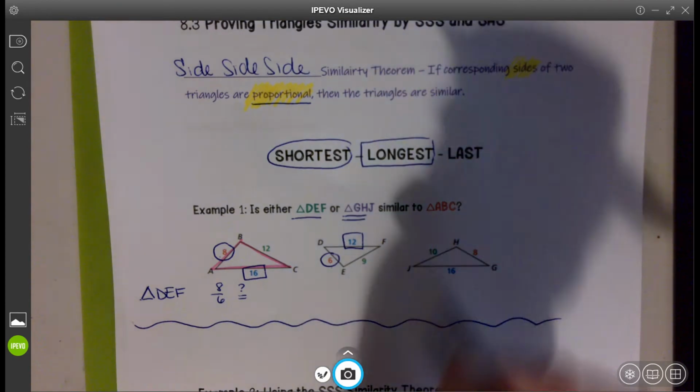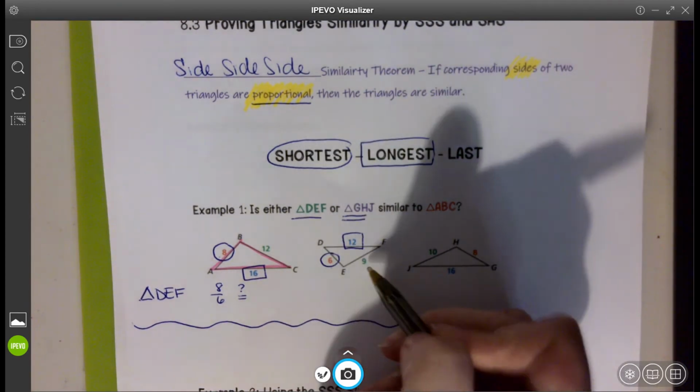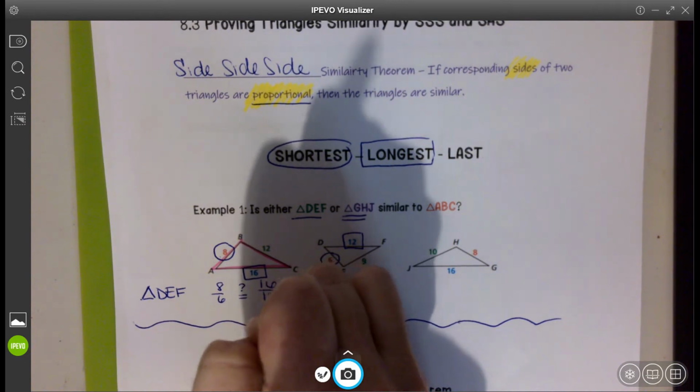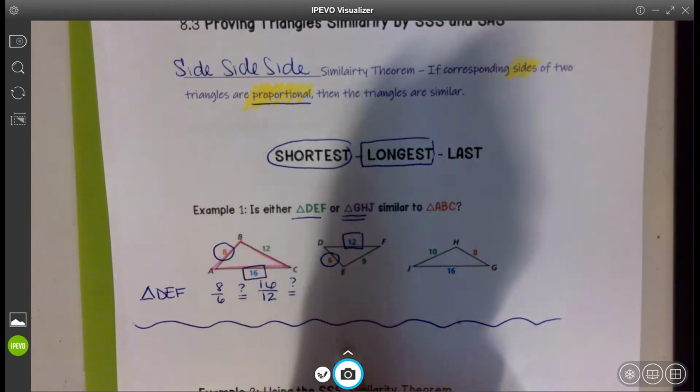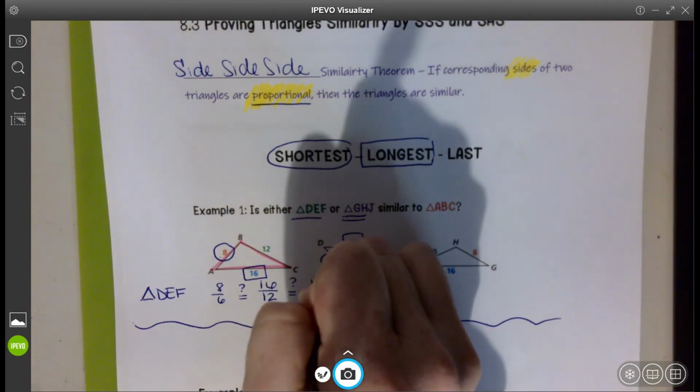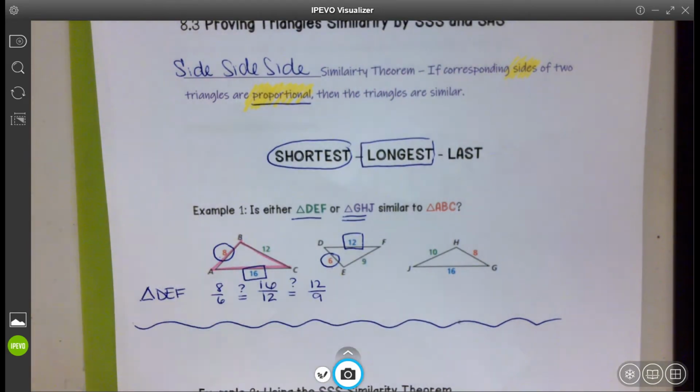So now we're going to go again from the pink to the plain one. So 16 over 12. And then last but not least, 12 over 9. Now that we have all 3, we're going to take it one step further and we're going to simplify.